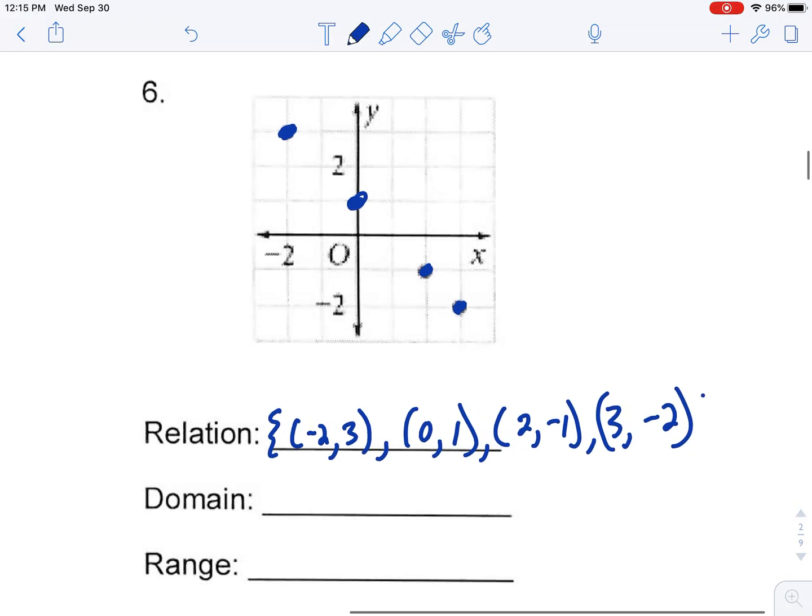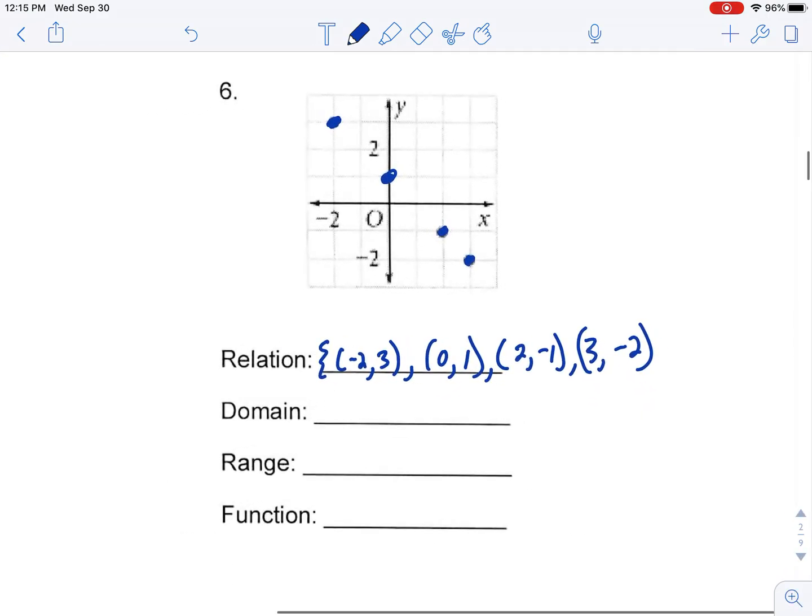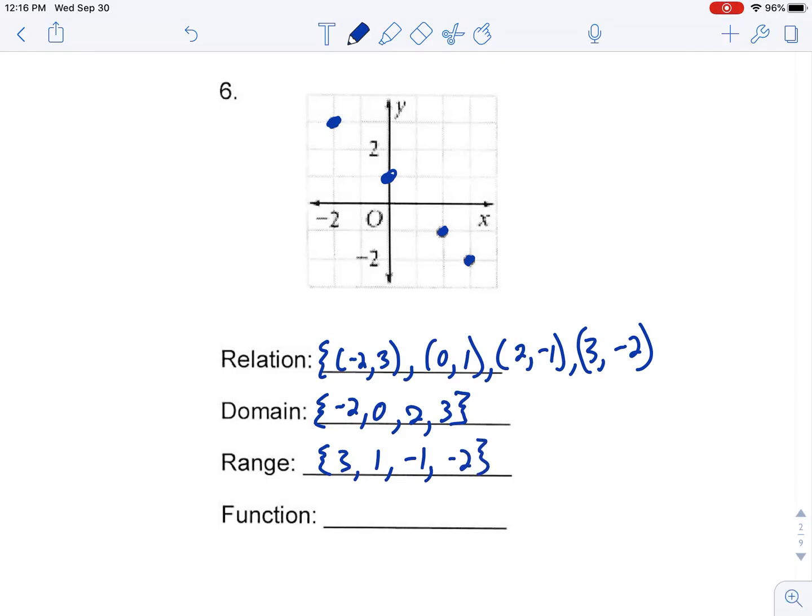Let me make a neater one here. There we go. Okay. What's the domain? The domain is just the x values. -2, 0, 2, 3. What's the range? Range is the y values. 3, 1, -1, -2.